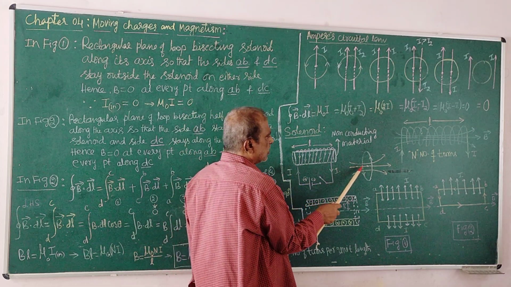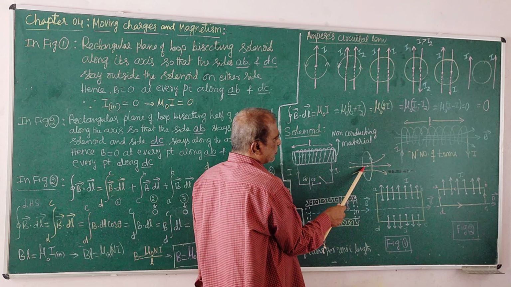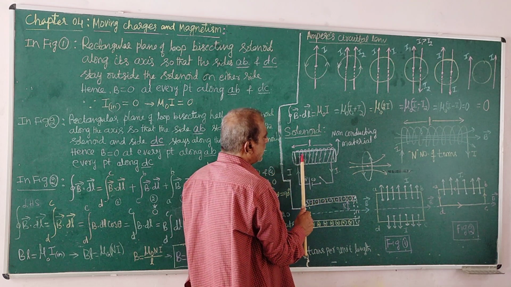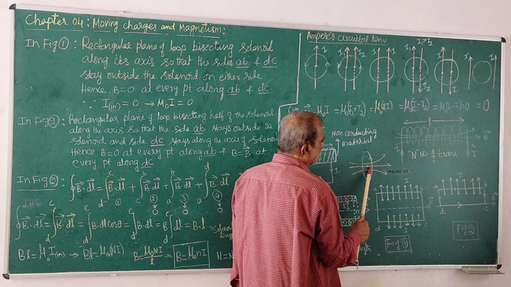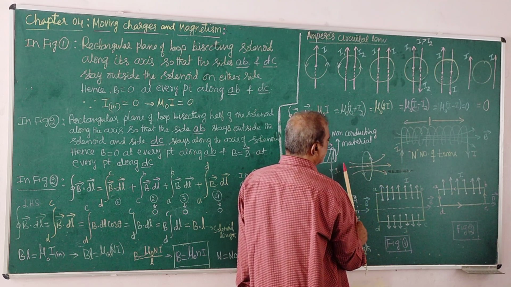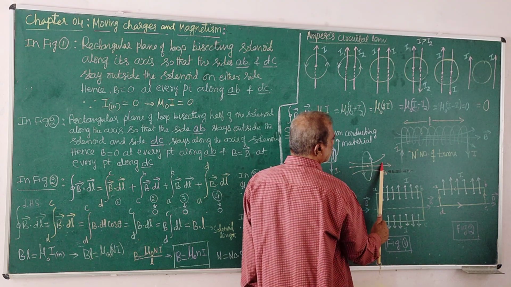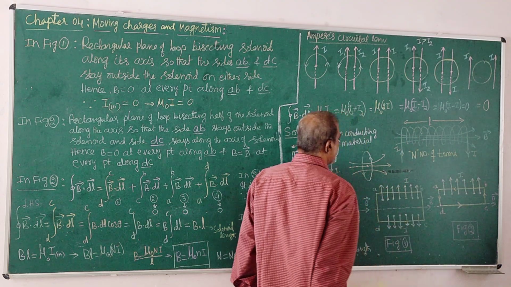And each turn produces a magnetic field like this. There are N number of turns in the same pattern. Each turn produces the magnetic field in the same pattern along the axis, because all the spirals are on the same axis.